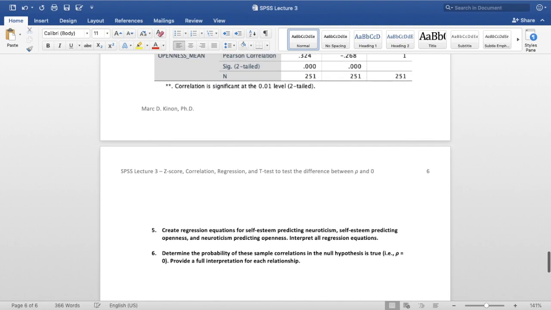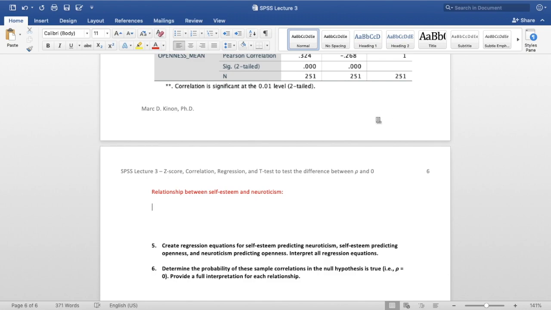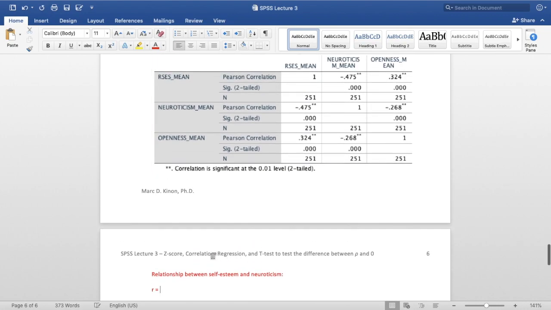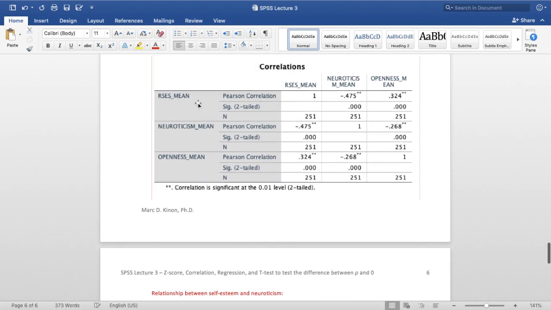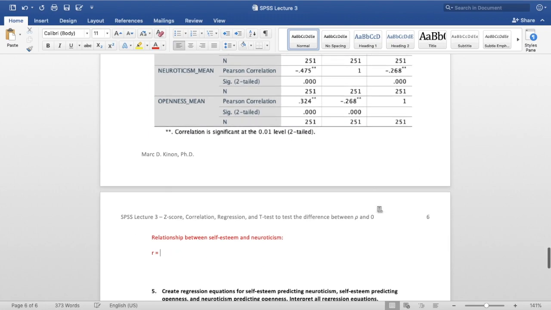Let's start by discussing the relationship between self-esteem and neuroticism. The relationship between self-esteem and neuroticism is a negative 0.475.